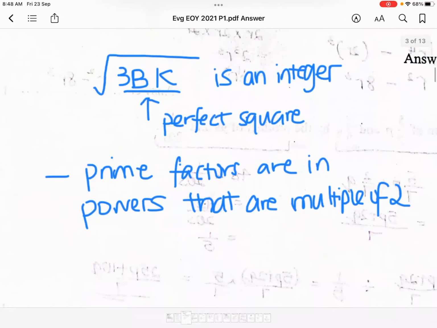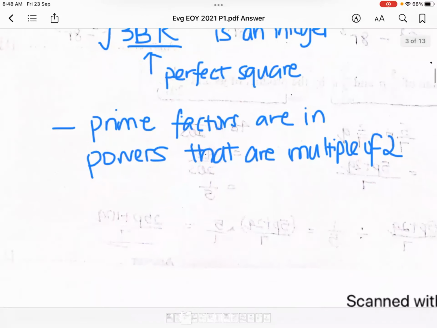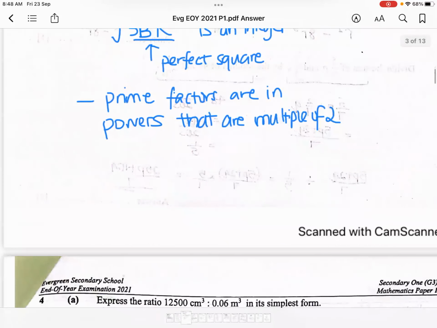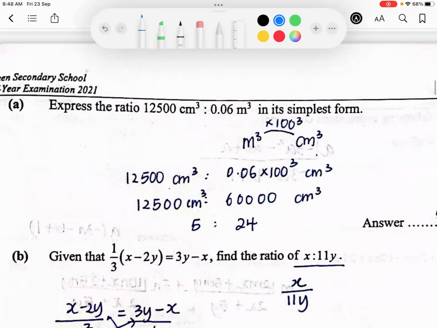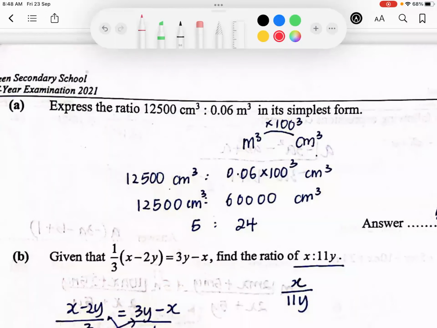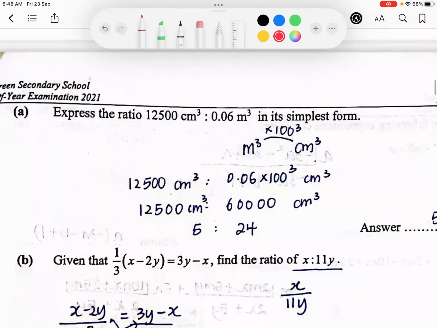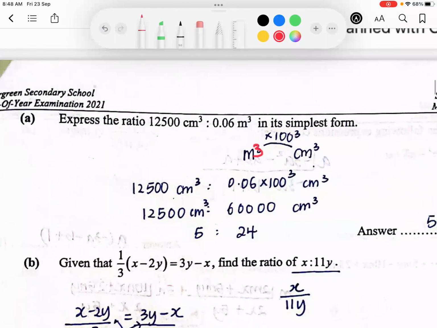Next page. Express this in terms of its simplest form. Hopefully you know, if I want to change from meter to cm cube, meter to cm is 100 itself, but when I want to cube, the volume is cubed, power 3, power 3, everything cubed.